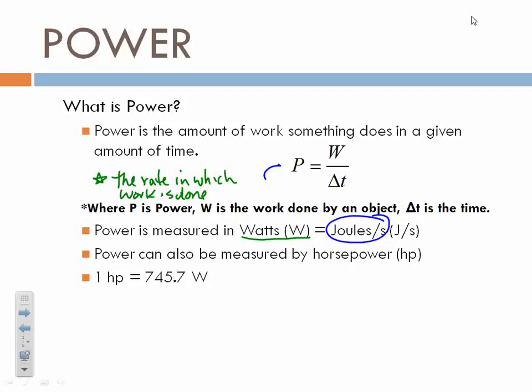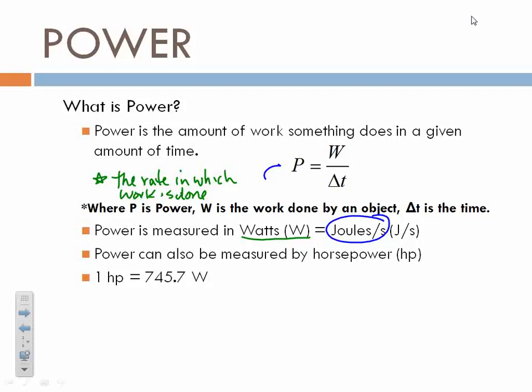Watts is just another name that we give that, but joules per second is really what those units boil down to. Power can also be measured by horsepower. This harkens back to many years ago when we measured how much work could be done in a certain amount of time by how many horses it would take to do it. What's even more amazing is that most countries use watts to measure power, even for cars.